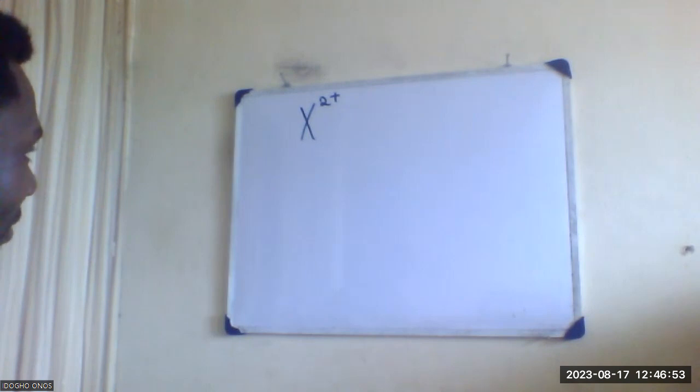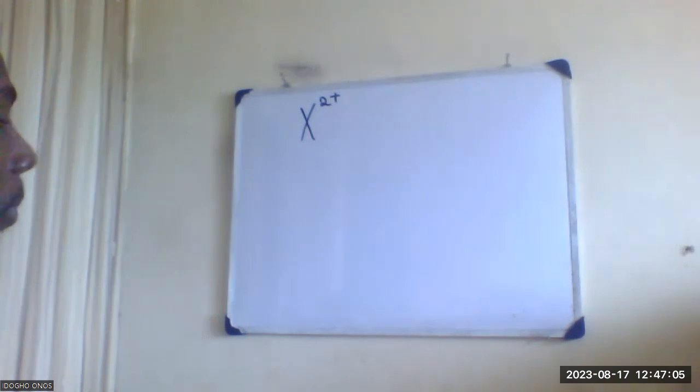20. Okay, 20 is in the options, but that is wrong. 16 is the answer, actually. So how did we come about it?